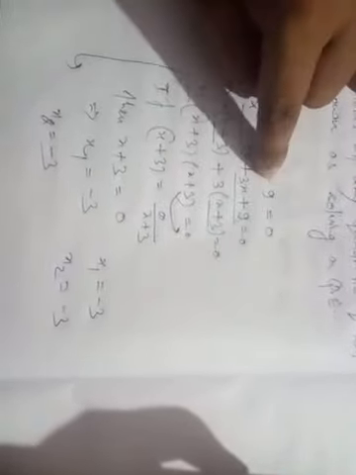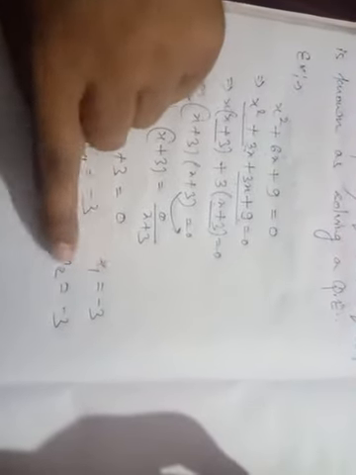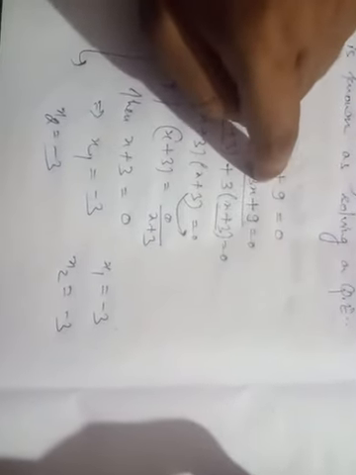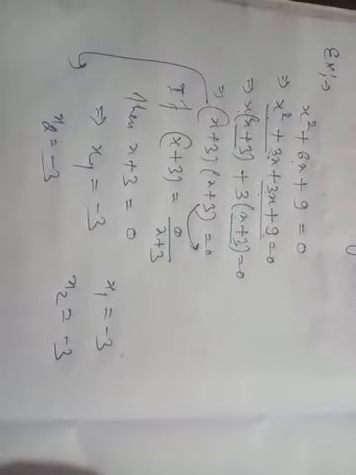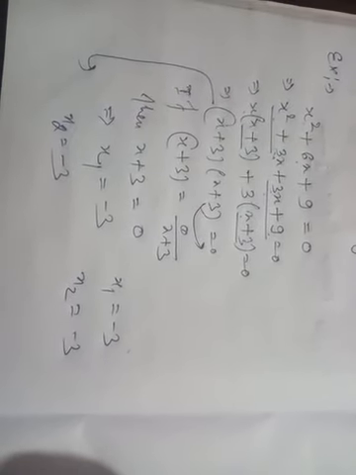So I have applied this method here, because this is the factorization of this quadratic equation, just like x plus 3, x plus 3. So through the factorization method, I have got the two roots of this given quadratic equation. So this is an example of the factorization method. But the factorization method is of many types.